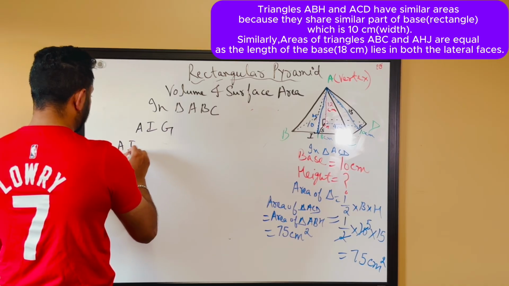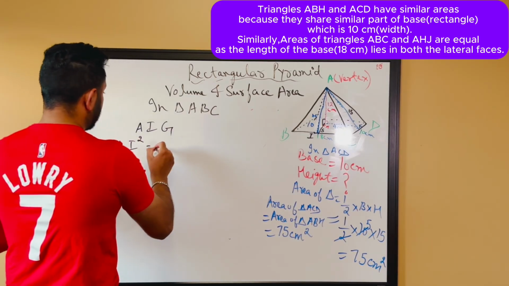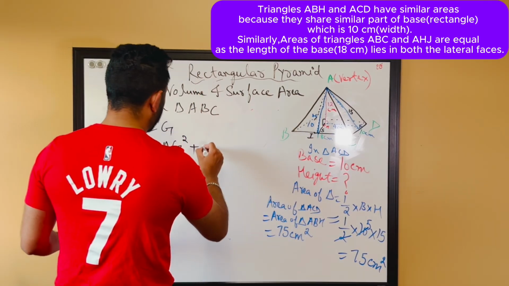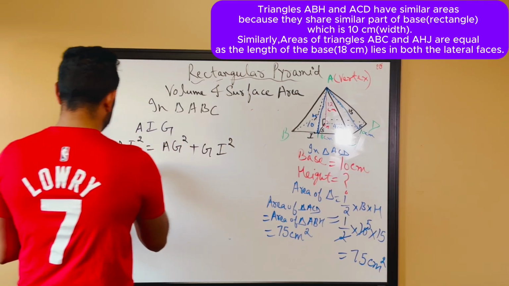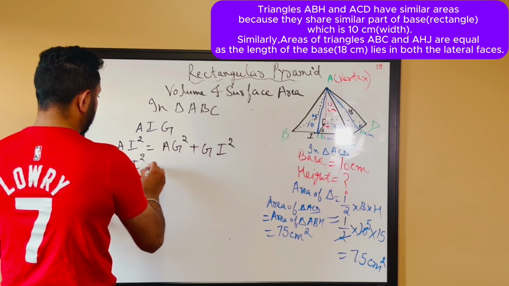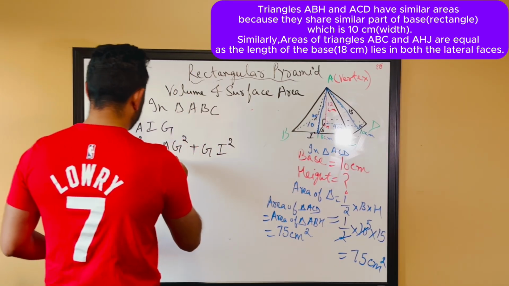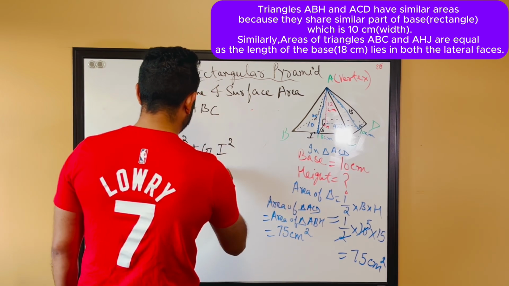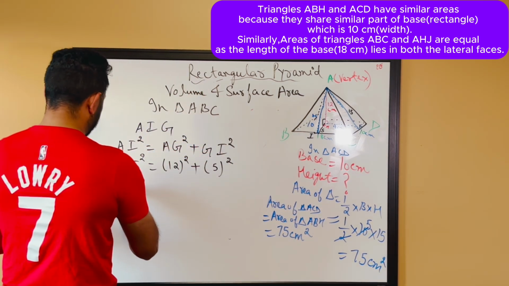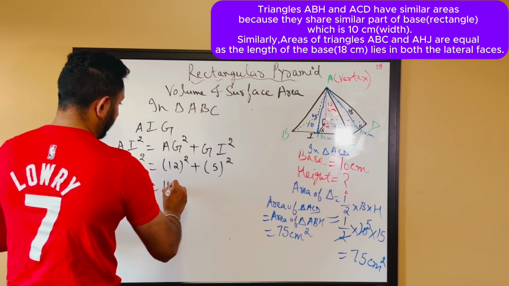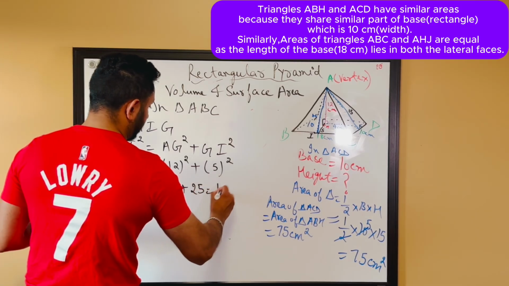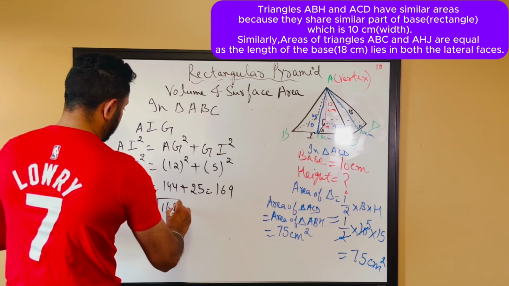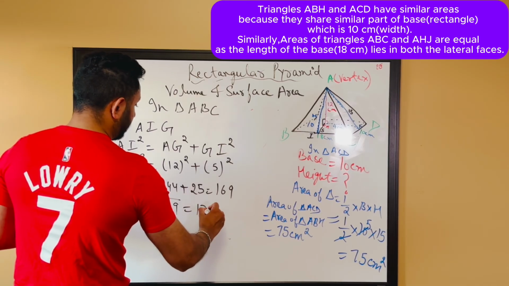So AI is hypotenuse, so AI square equals AG square plus GI square. AG is 12, plus GI, which is 5. So 144 plus 25, 169. So AI is 13 centimeter.